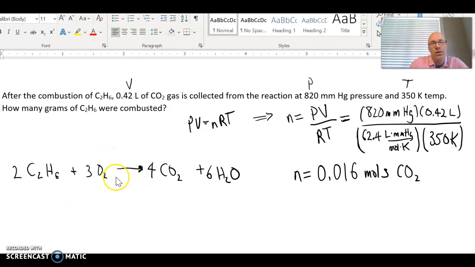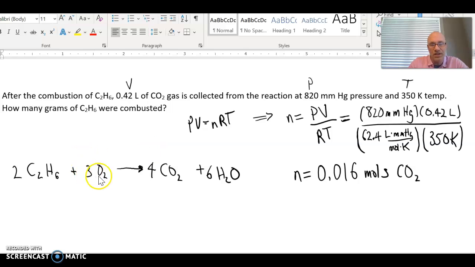We have this balanced equation, and essentially this problem is: how many grams of C2H6 would have been combusted if we collected this many moles of this chemical right here?